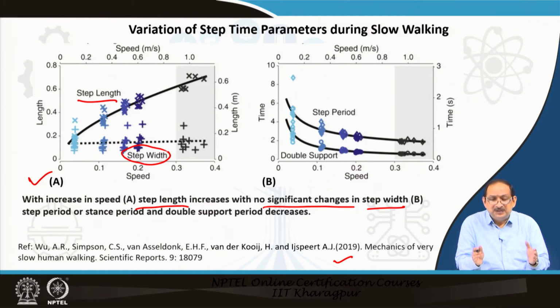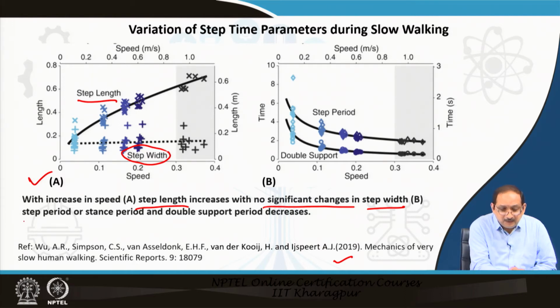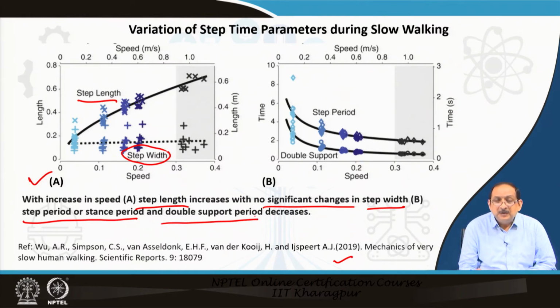If the distance is more, it provides more balance to the body, which is seen in elderly people, who walk with larger step width. But if somebody wants to move fast, he has to move with a reduced step width. The stance period and the double support period both decrease with increase in speed.